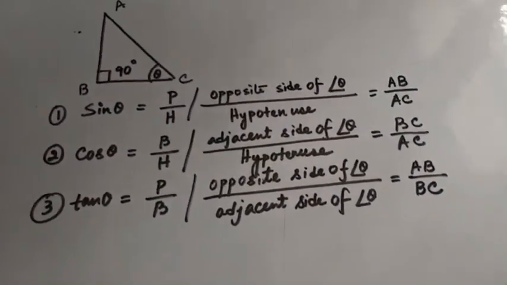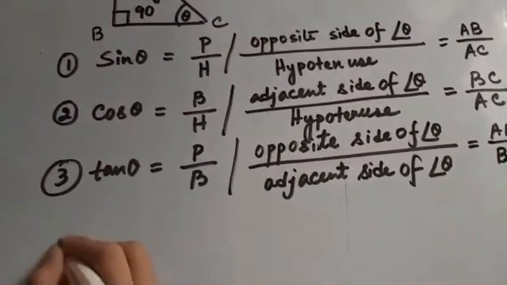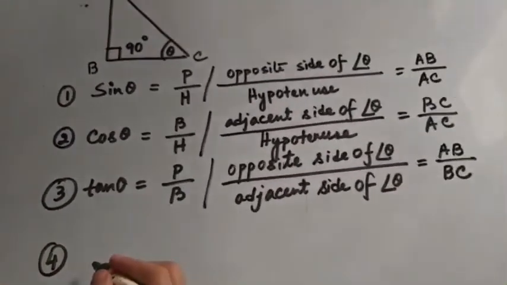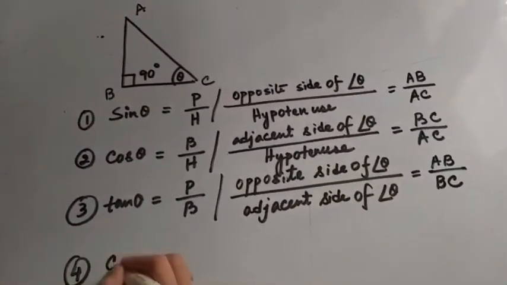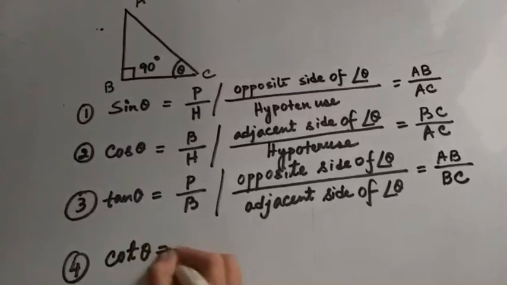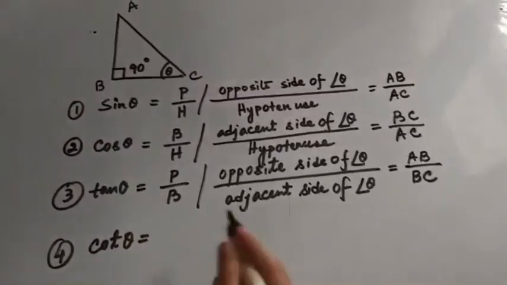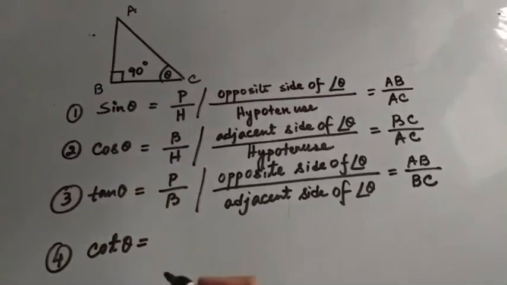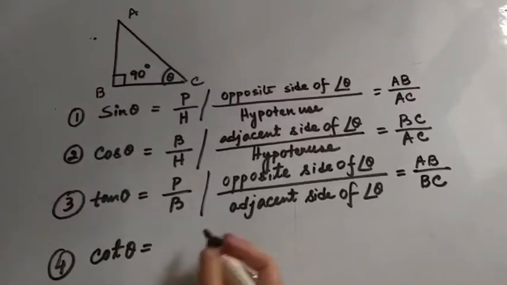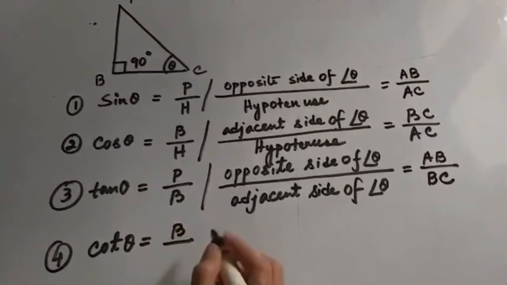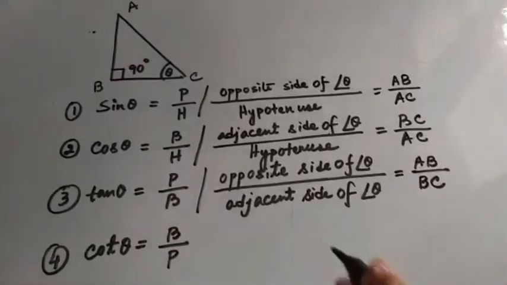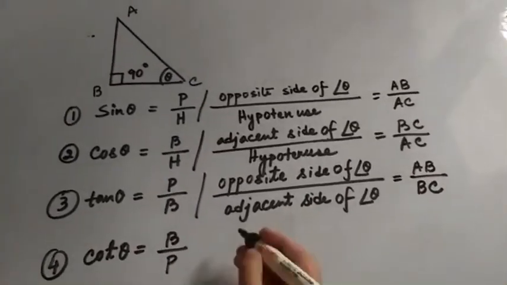Okay. After that, number 4, cot theta. Cot theta is the reciprocal of tan theta. That means it will be base by perpendicular. Okay.